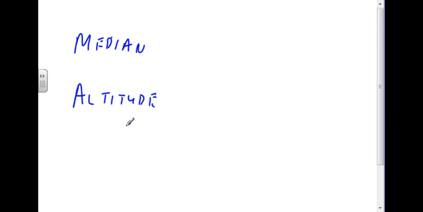Okay, so now we have more English to worry about. We have a median, and we have an altitude, and we have an angle bisector.